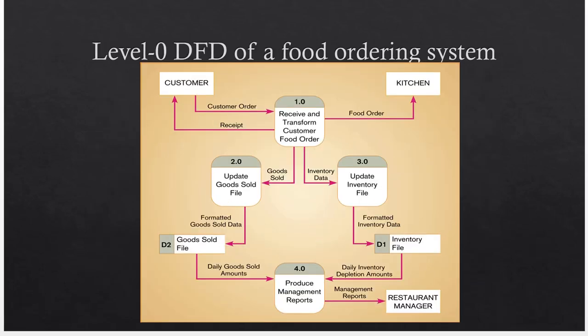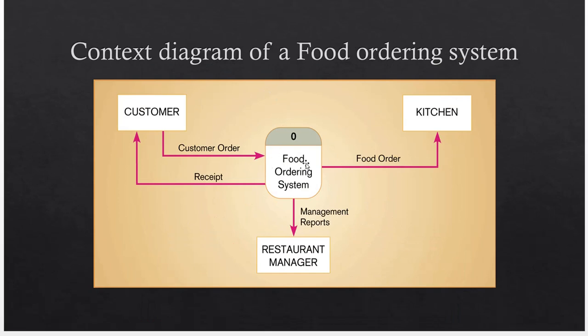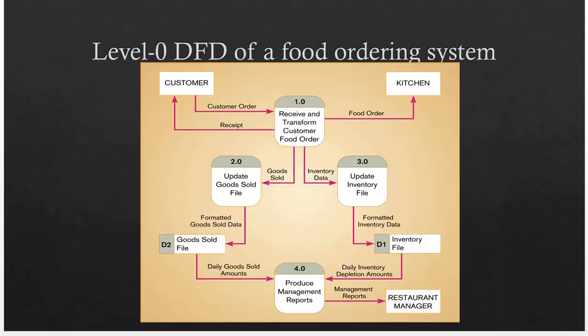Then when we want to break down and show all the processes within this system, remember also these processes are done in the order in which the information is going to flow within the system. It's not just a haphazard way of showing, but the arrow flow is showing the information flow from the first process right up until it's either stored in a file or data store, or until the information is retrieved to do something else.